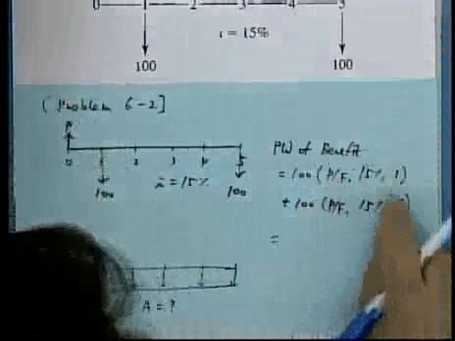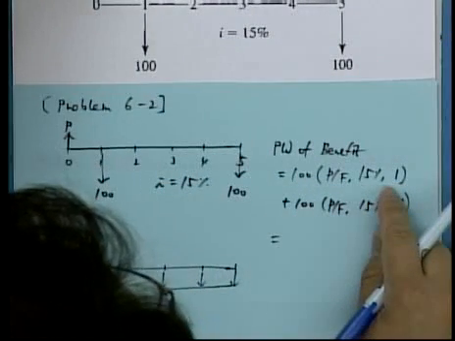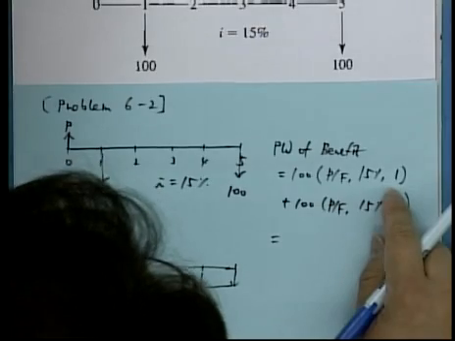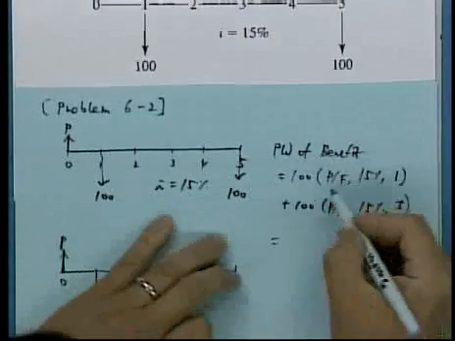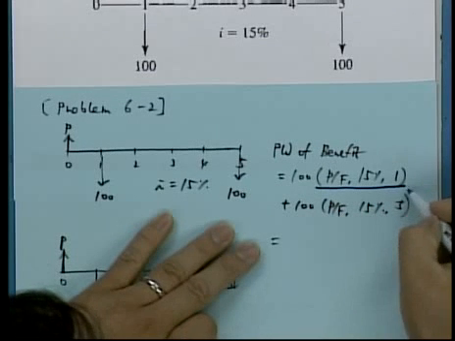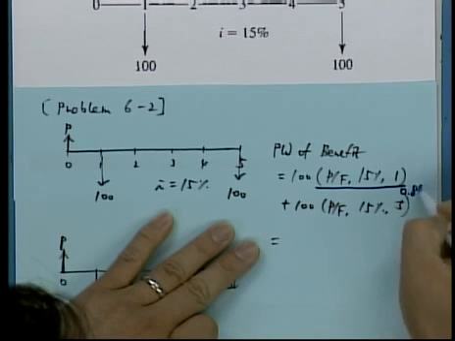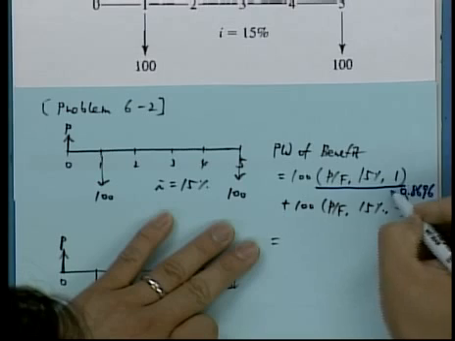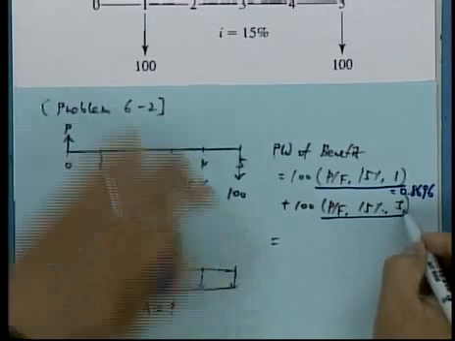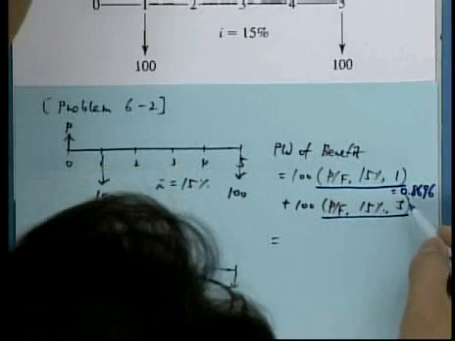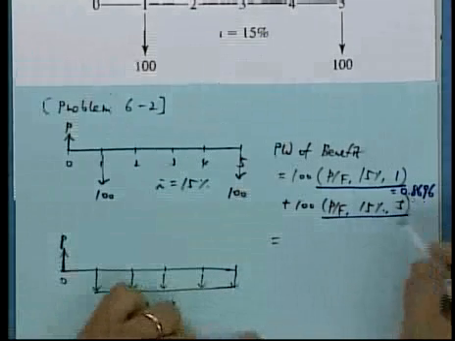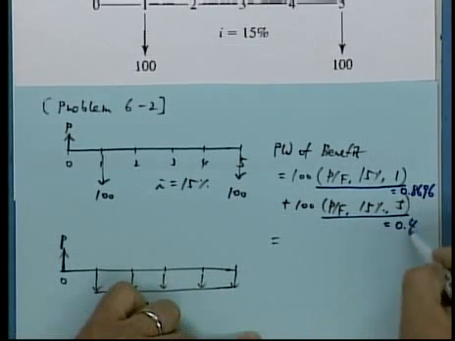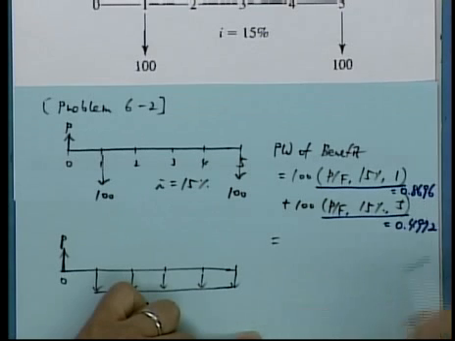So P given F 15% over 1 period is 0.8696. What about this? Over 5 periods, 0.4972.